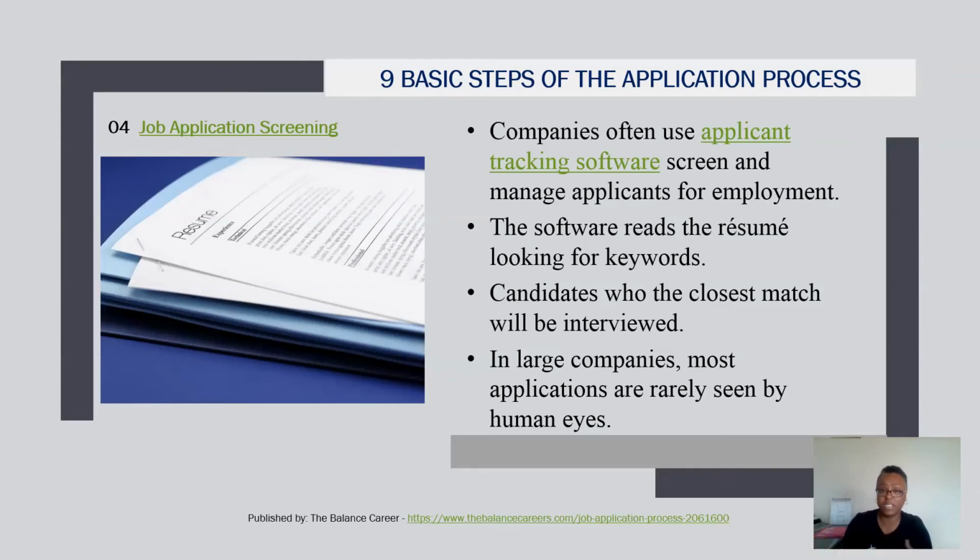I'm just using numbers for example. Then a human will get those top 30 applicants and will do the next part, the application review, to determine who will be called in for the next step in the job application process. Right. So you want to make sure that you are ready for an application tracking system.